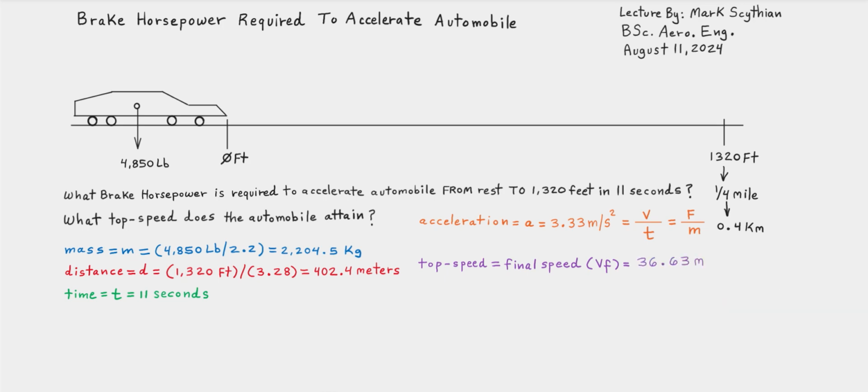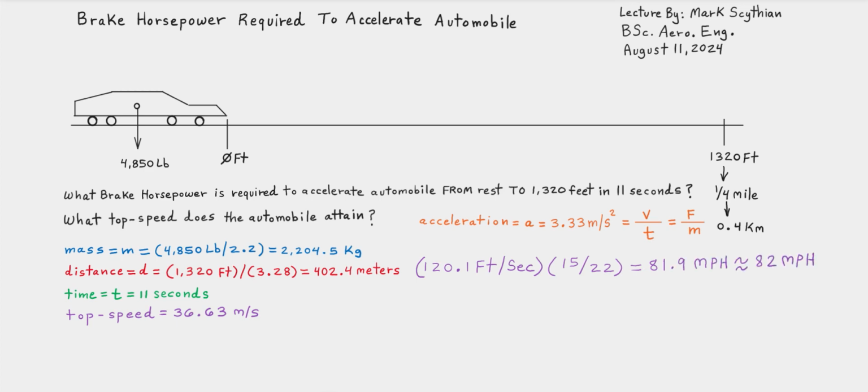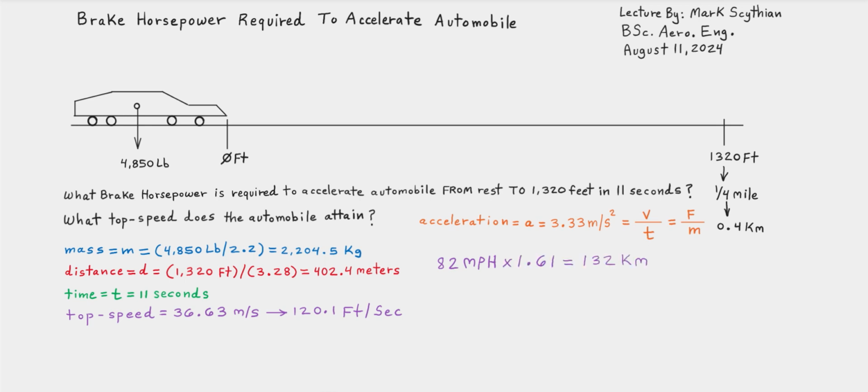So the top speed of the vehicle is 36.63 meters per second, which is also equal to 120.1 feet per second, and also equal to 82 miles per hour, and also equal to 132 kilometers an hour.